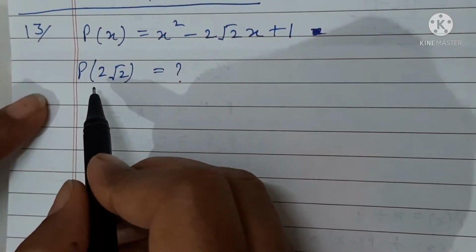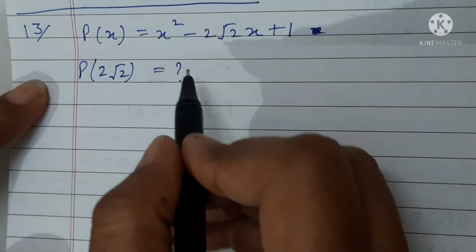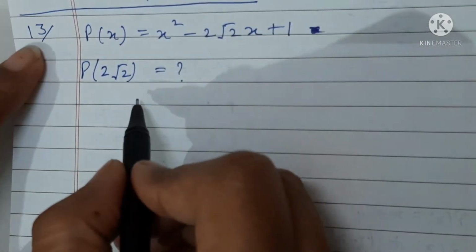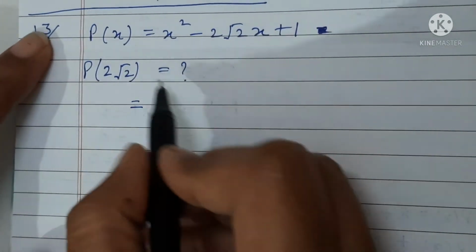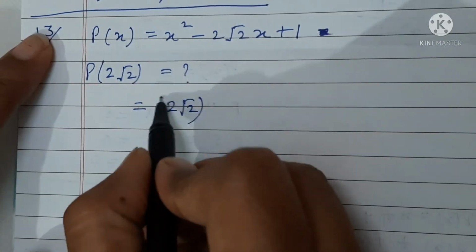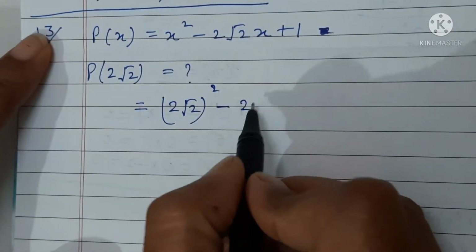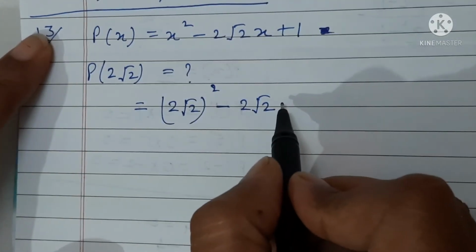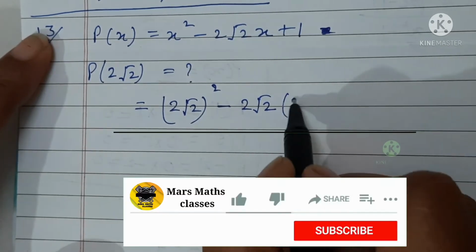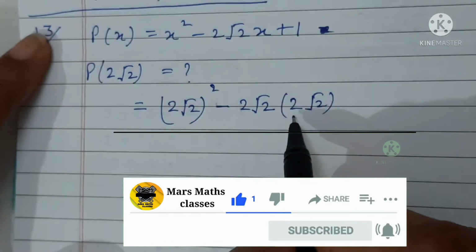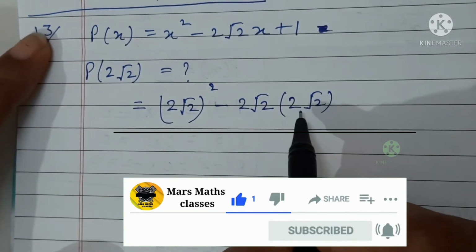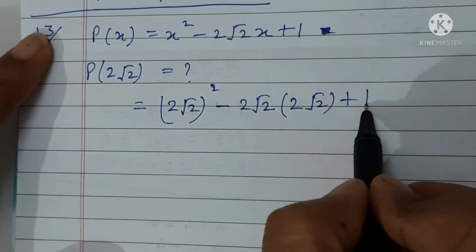We have to calculate the value p 2 root 2. So substitute in the polynomial: p of 2 root 2 is equal to 2 root 2 square minus 2 root 2 into 2 root 2, here this x, we substitute the value in place of x, plus 1.